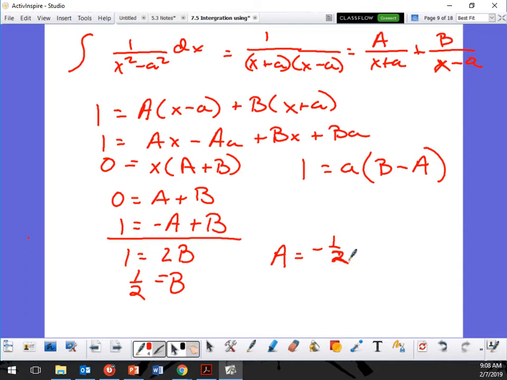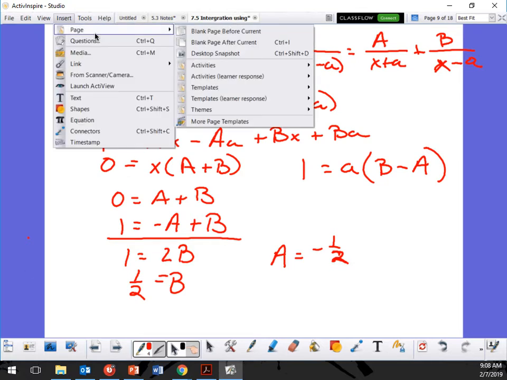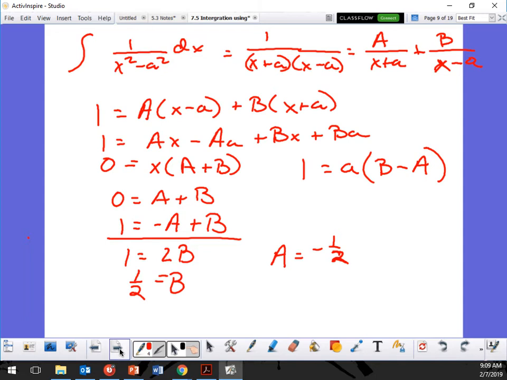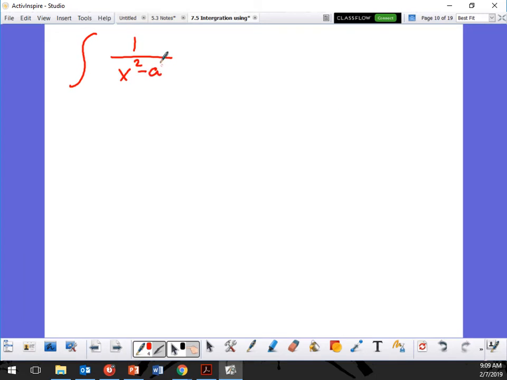All right, so now we can break that up. You guys okay on the math here? I'm going to clean up my board. So the integral becomes, what was it, x squared minus a squared, dx.